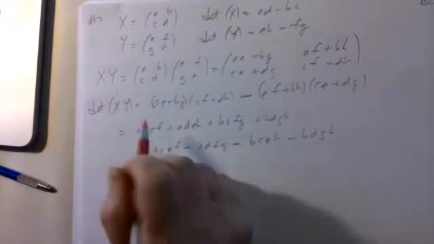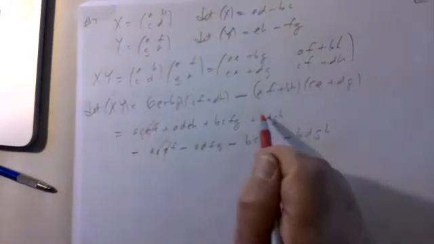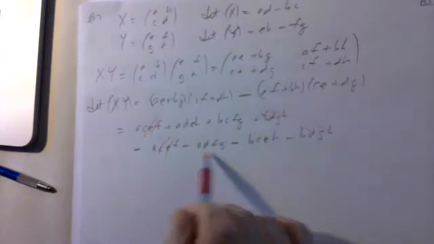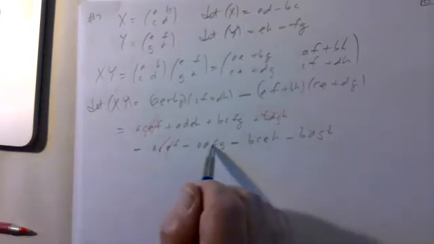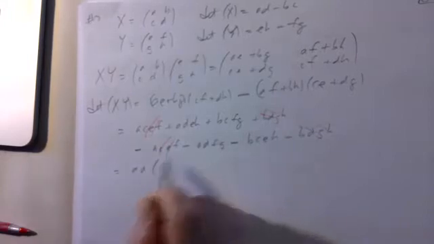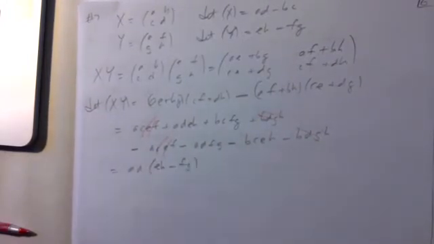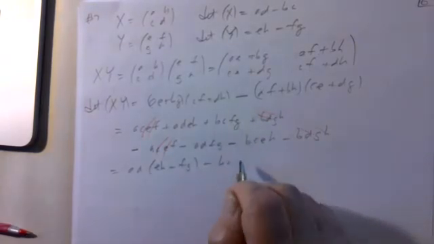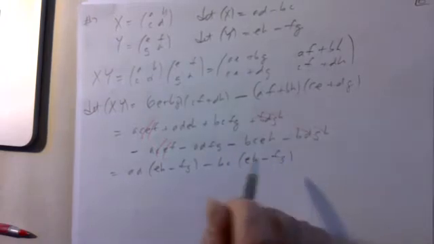And then there's some cancellation. These cancel. These cancel. So I'm left with these four terms. So here I have an AD times EH minus FG. And if I factor out a minus BC from this, I get EH minus FG.